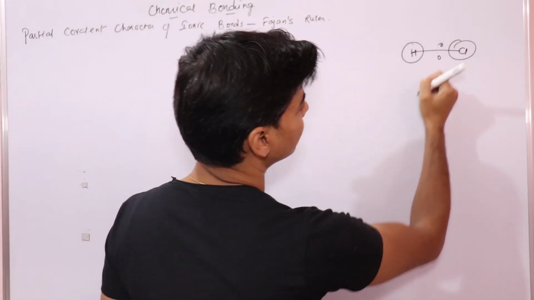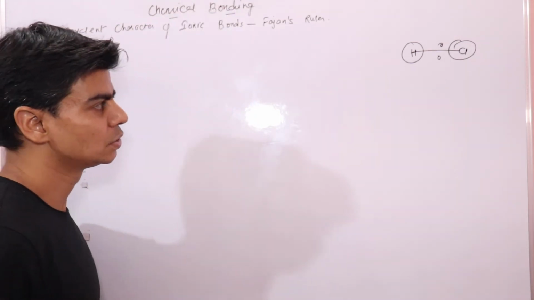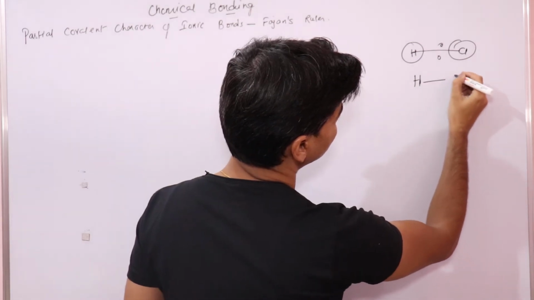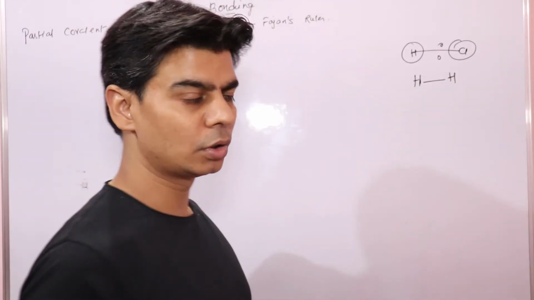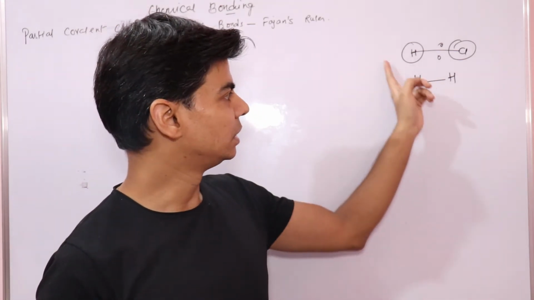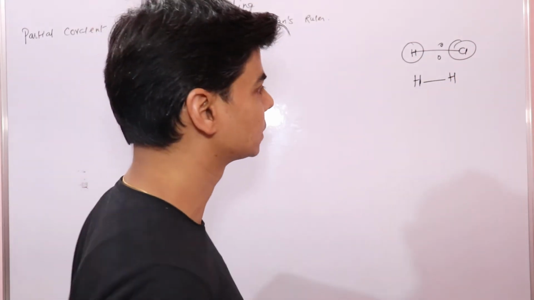This is a homonuclear covalent molecule because it consists of the same atoms, and this is a heteronuclear covalent molecule because it consists of two different atoms.